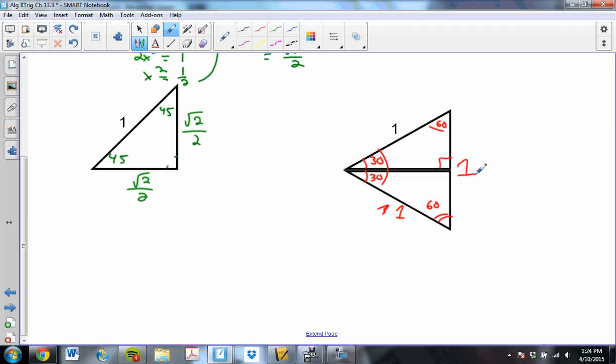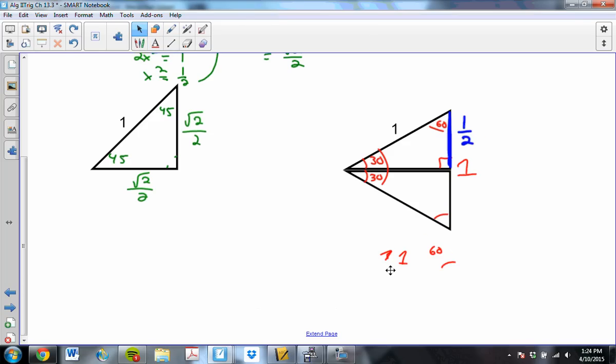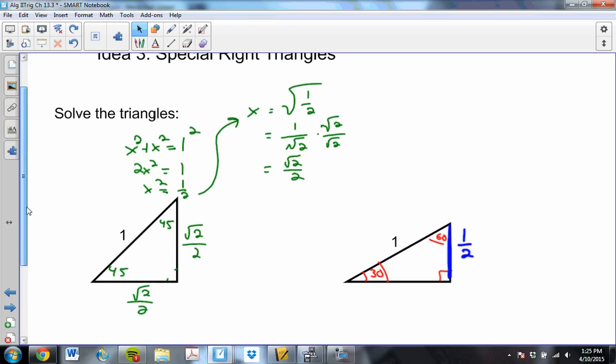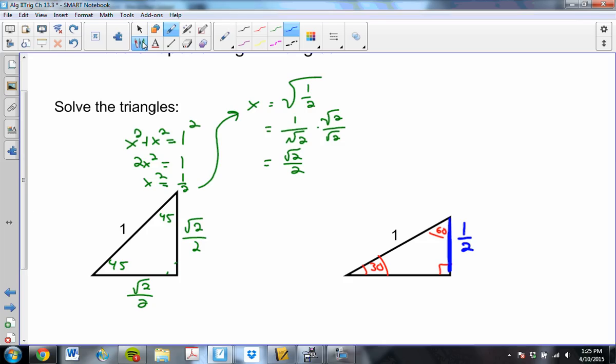Well, then this little piece here is half of that. So this actually has a length of a half. And that's how we can get the ratios for the rest of our special right triangle. I'm going to get rid of this extra triangle that we had over here. And I can do some Pythag if I do 1/2 squared plus b squared and have it equal c squared, which is 1 squared.